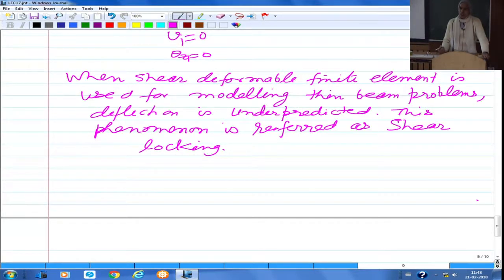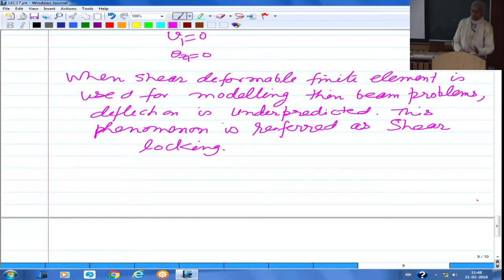For example, rubber has a Poisson's ratio of nearly 0.5, so it is an incompressible material. If you use the standard finite element formulation for modeling a rubber problem, you will find that the deformations would be under predicted unless you take care of this volumetric locking. In the same way, in elastoplastic deformations, the plastic deformation is again a nearly volume conserving process, and one has to take special care to eliminate volumetric locking.